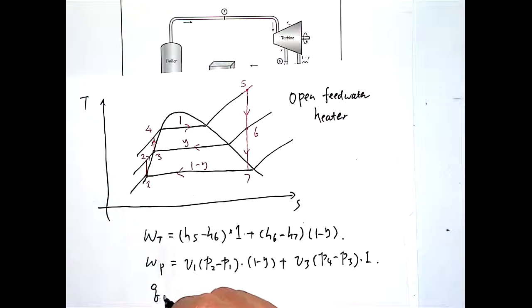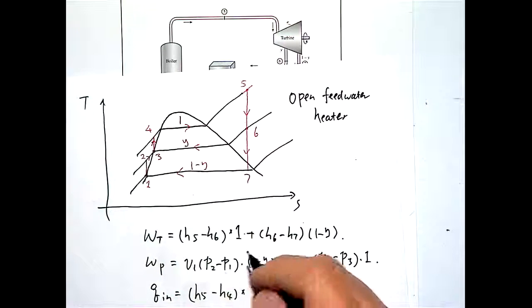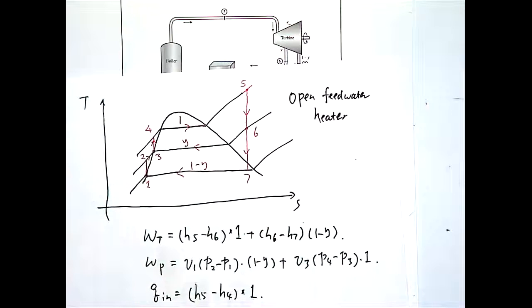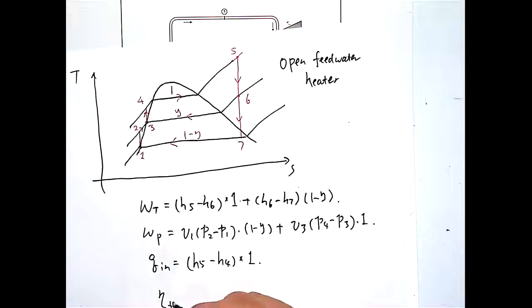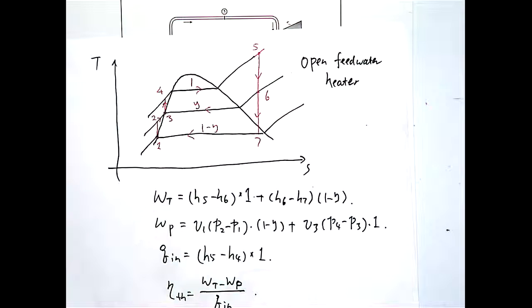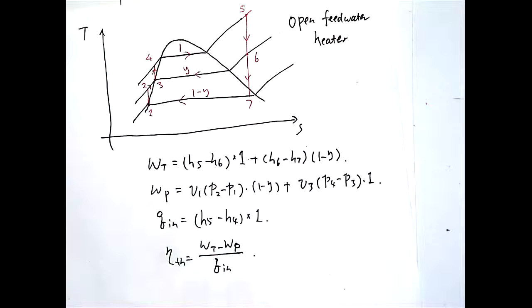And the total heat input is H5 minus H4, and that should be 1 as well. Right? Then you just calculate the efficiency, which is again (WT minus WP) over Q in. All right. I think it's time to stop. So let's continue Tuesday.